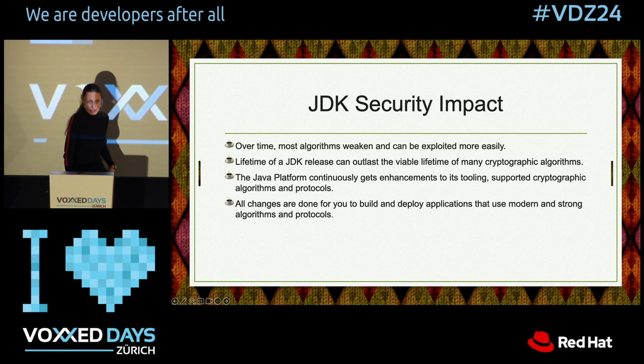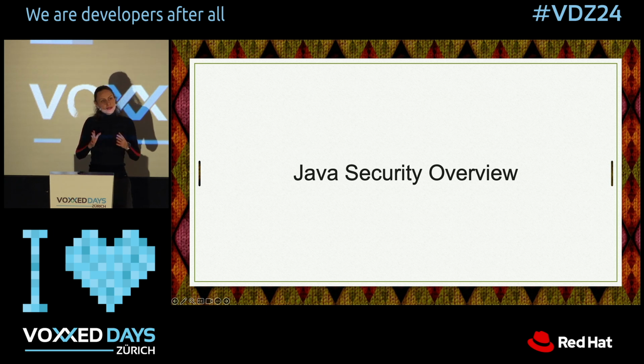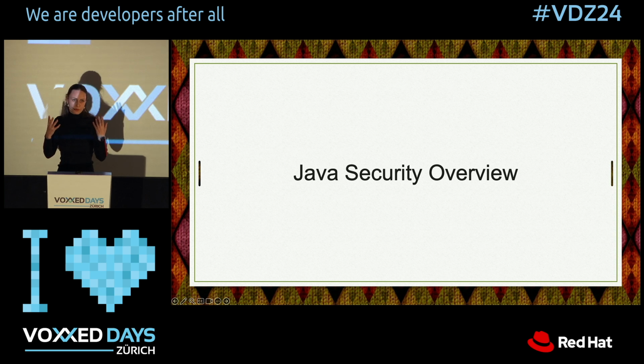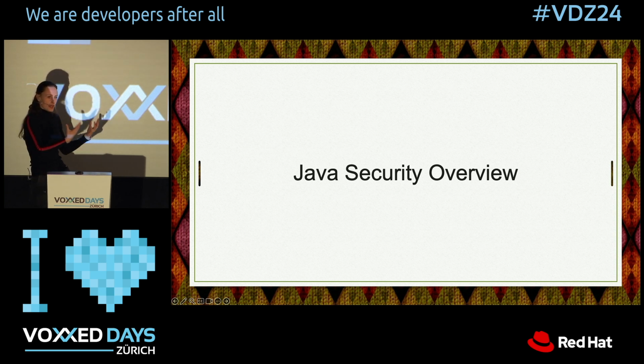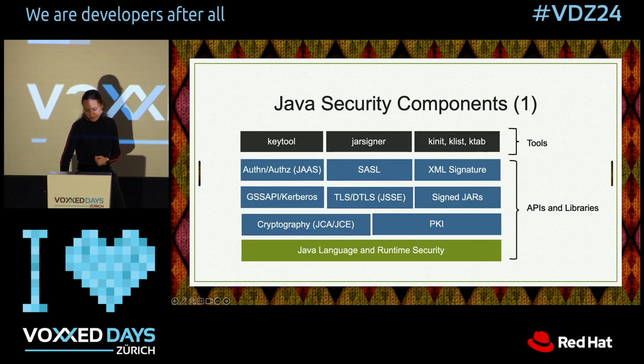But before diving into that, as Java security is quite a broad term, I would like to talk to you a little bit about Java security components, because in my slides you're going to see them from time to time, and I want you to have a diagram in your mind about where they are and what they mean in the Java security landscape.